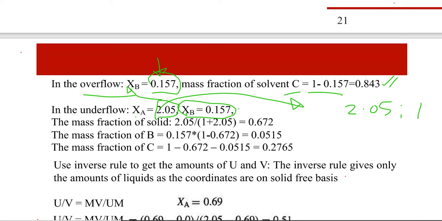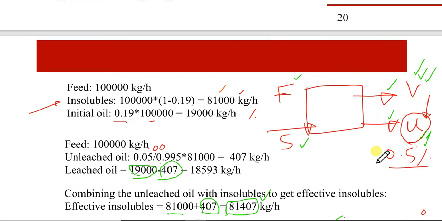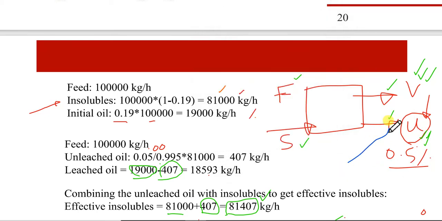Now in terms of fraction, 2.05 divided by total 1 plus 2.05. This becomes the fraction. So this is the mass fraction of solid in the underflow.